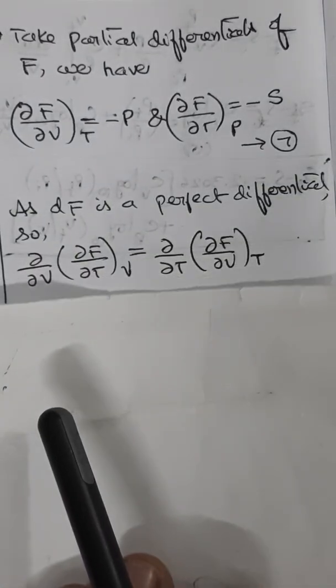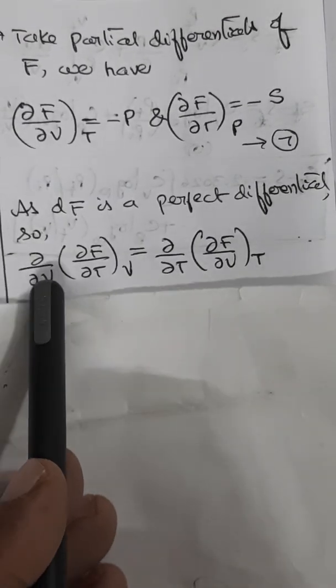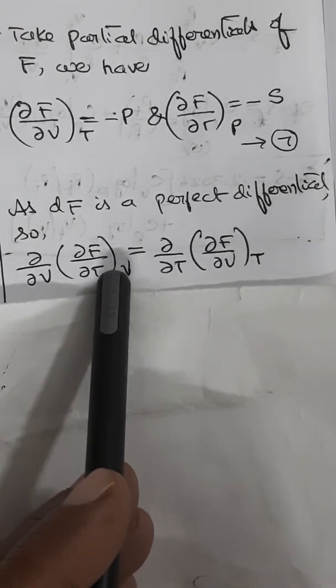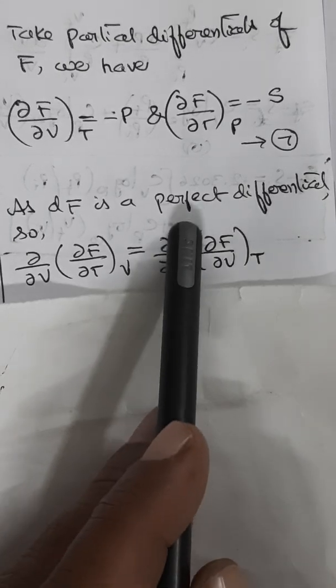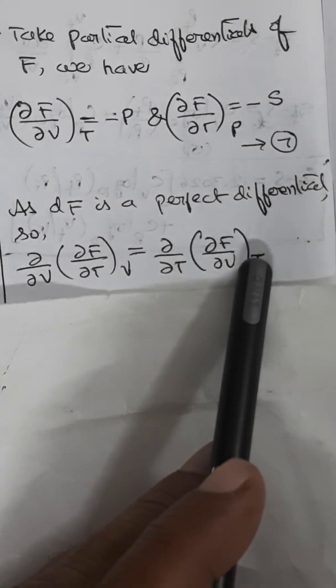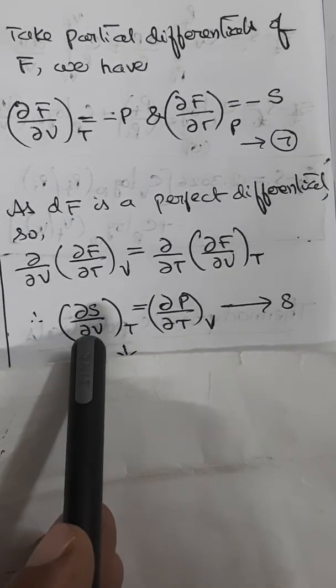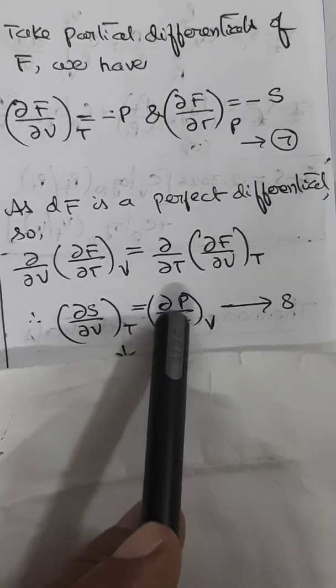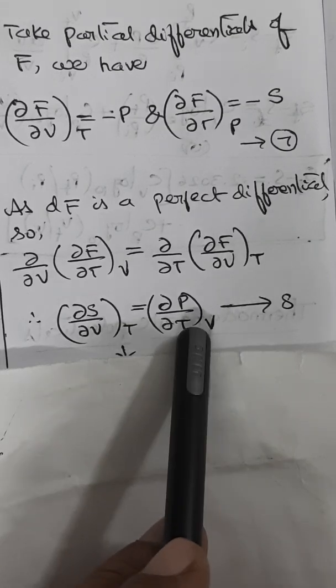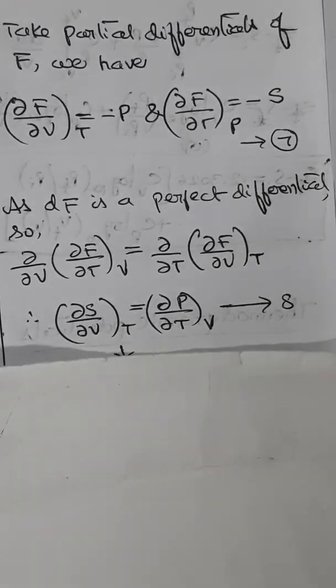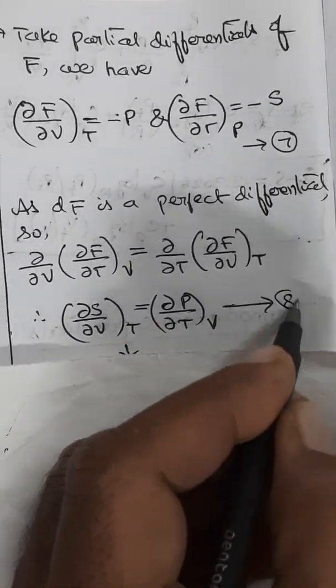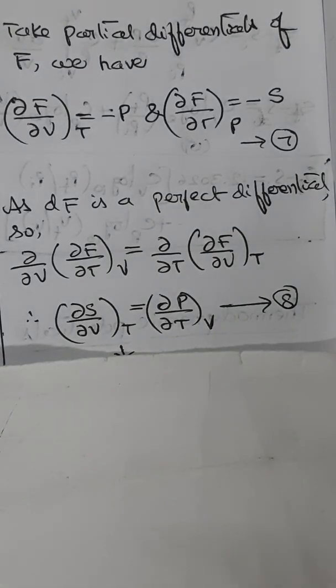Because dF is a perfect differential, we can write ∂/∂V of (∂F/∂T)_V equal to ∂/∂T of (∂F/∂V)_T. Therefore, we can conclude that (∂S/∂V)_T is equal to (∂P/∂T)_V. Let this be equation 8. This equation 8 is nothing but Maxwell's second thermodynamic relation.